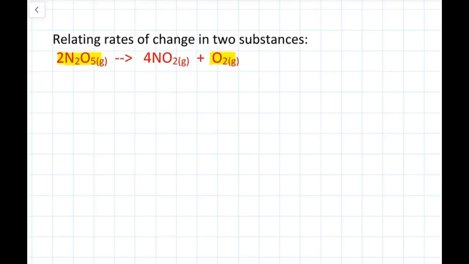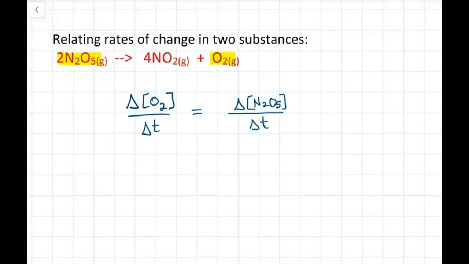And so what I mean by that is I'm going to say that the change in concentration, we'll start with oxygen, it doesn't really matter which one we start with, over time is equal to, and I'm going to leave a little space here before I draw my other little fraction here, change in concentration of N2O5 over time.